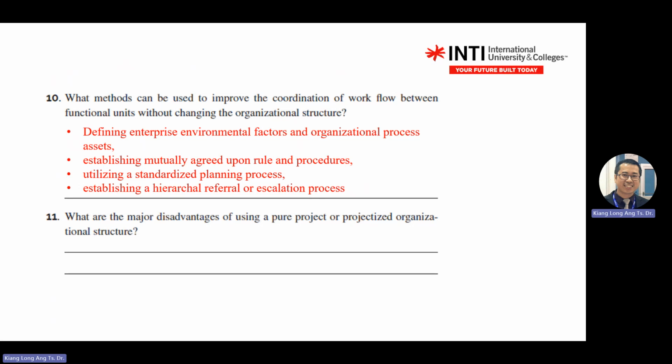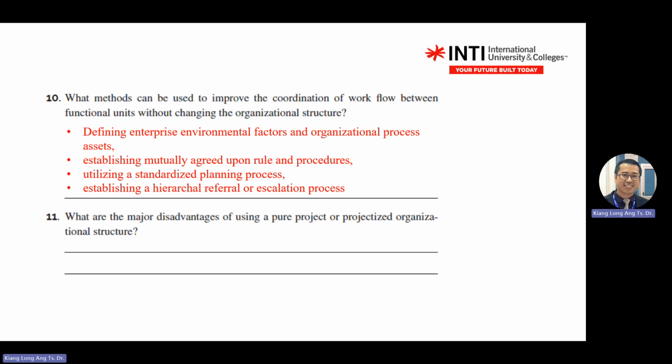So a standard planning process includes using templates, policy, regulation, and all this. Establish a hierarchical referral or escalation process. This means you have a clear organization chart. You have a clear reporting system where you know who you report to, how you process things. Like if you want to make claims, how the claim is processed. If you want to buy a machine under procurement, there's a certain process you need to follow, right?